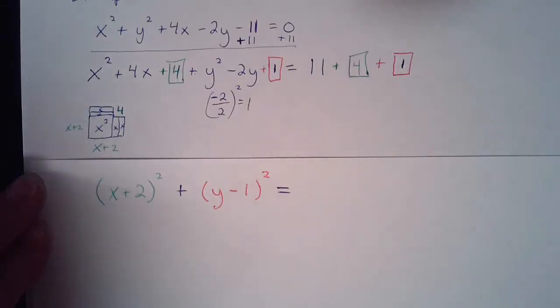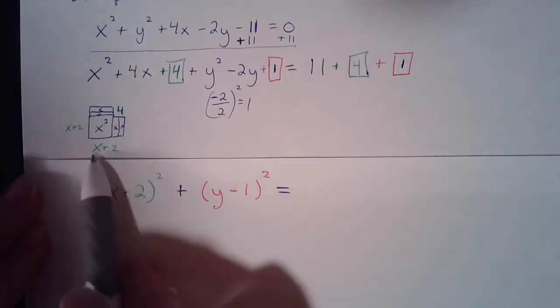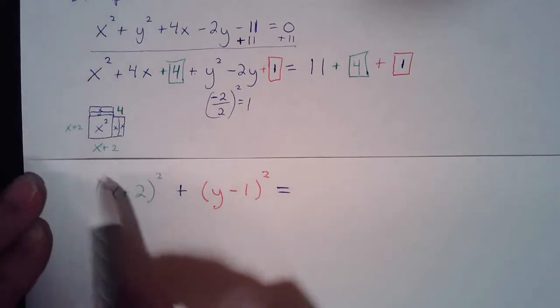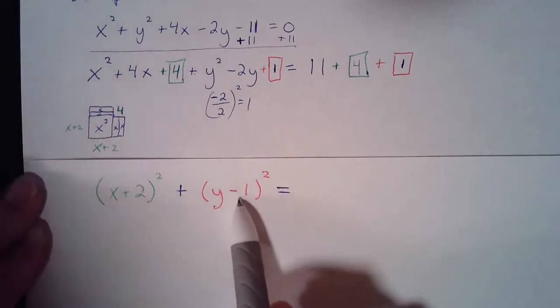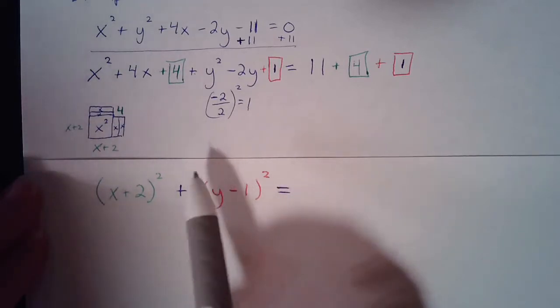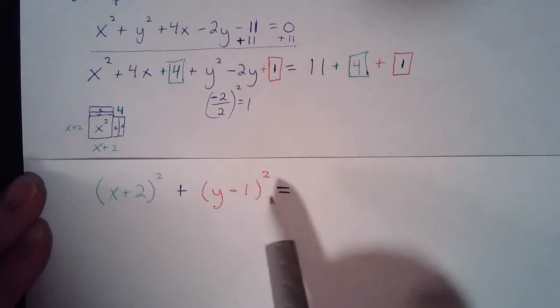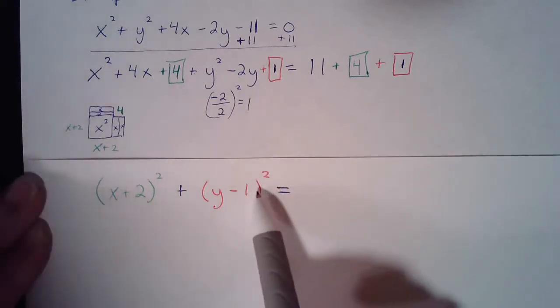Sorry about that, I misspoke. So once again, this is going to be x plus 2 times x plus 2, or the quantity x plus 2 squared. And this is going to be y minus 1 squared, because it's going to be y minus 1 times y minus 1. And instead of writing it like that, we want to write it as the perfect square.